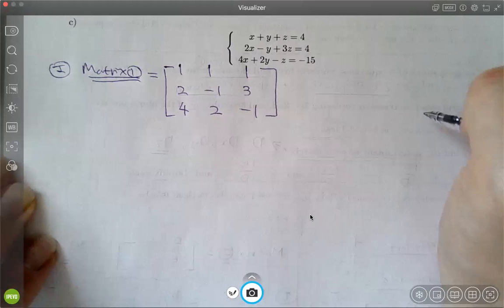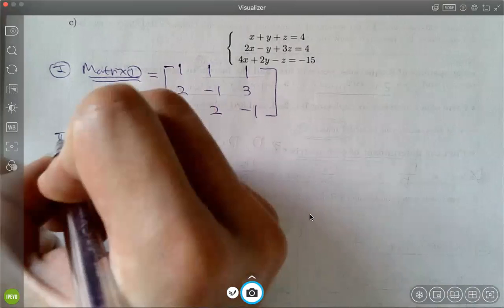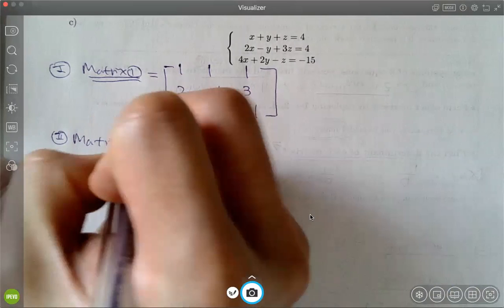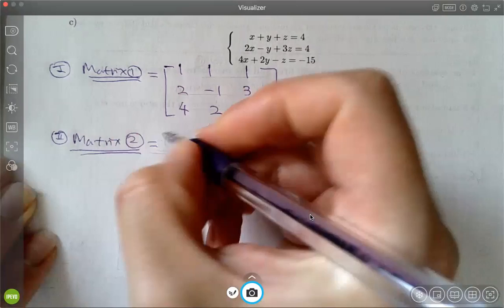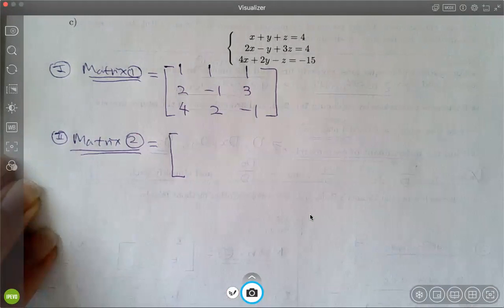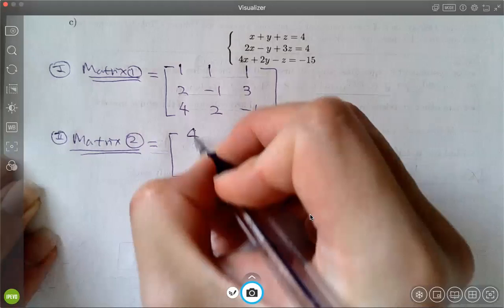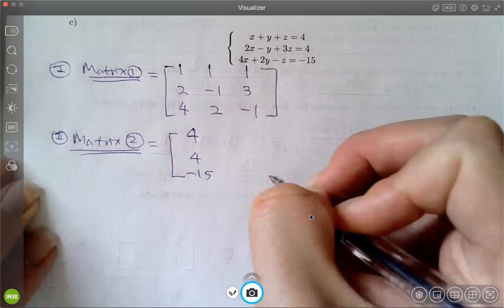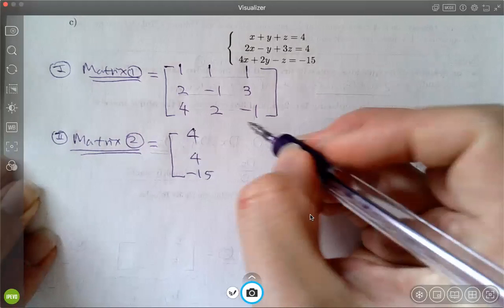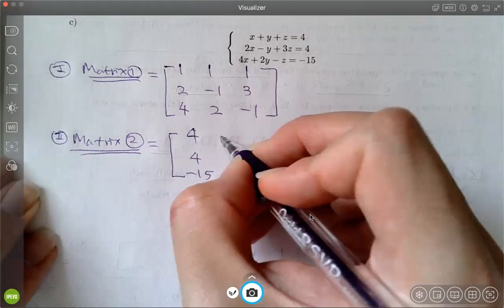Now matrix number 2. What do we do here? Replace the first column by what's on the right, so 4, 4, negative 15. And then these 2 columns stay the same, so it's 1, 1, negative 1, 3, 2, negative 1.